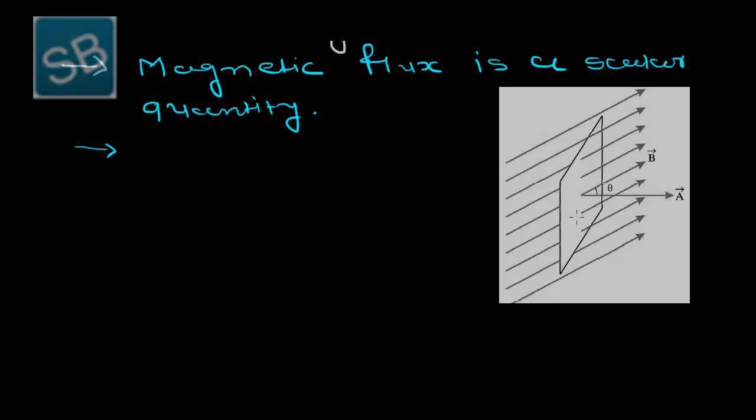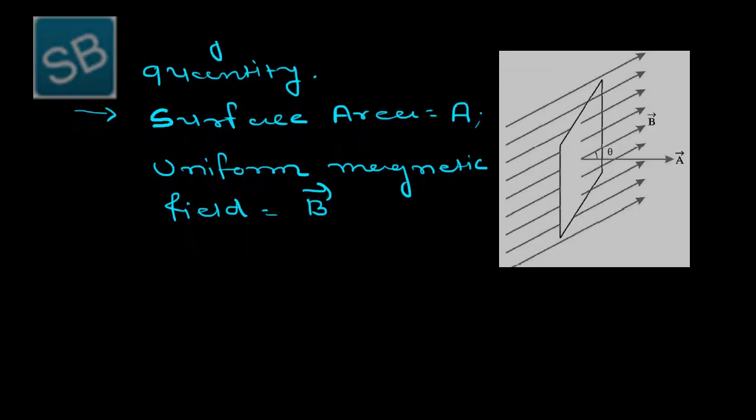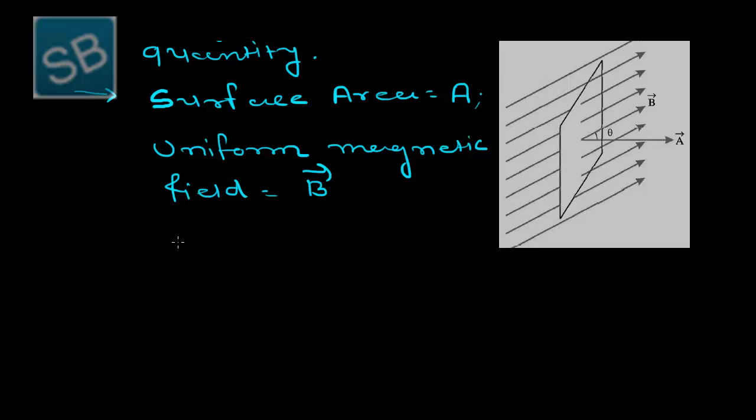It is having the surface area A, that is placed in a uniform magnetic field, and that is B. Now, the magnetic flux can be written as, its symbol is phi, and it is defined as the number of magnetic field lines passing through the surface normally.